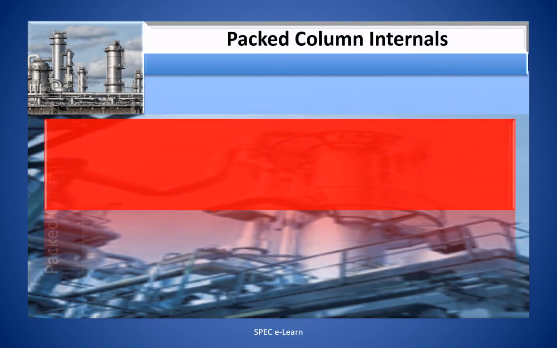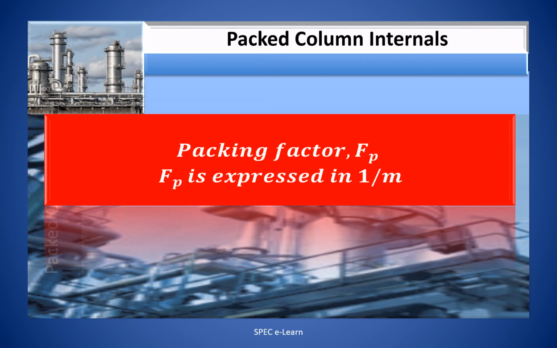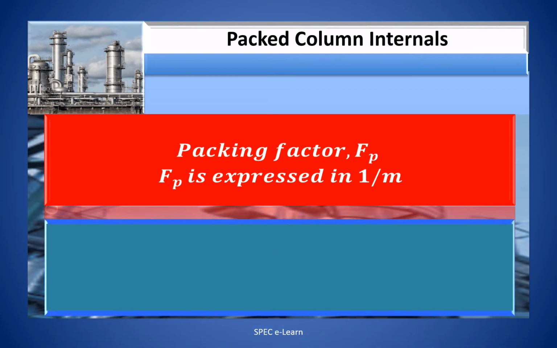Another important packing characteristic is packing factor, Fp. Fp is expressed in reciprocal of meter. It can be expressed as a dry packing factor or wet packing factor. Dry packing factor is designated as Fpd, equal to sigma by epsilon cube.